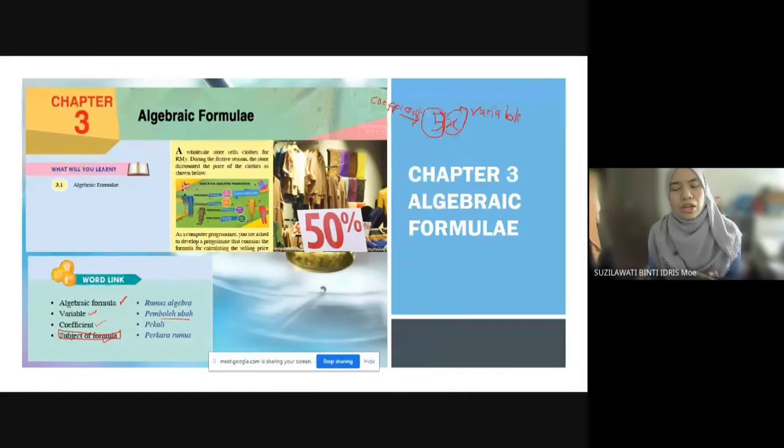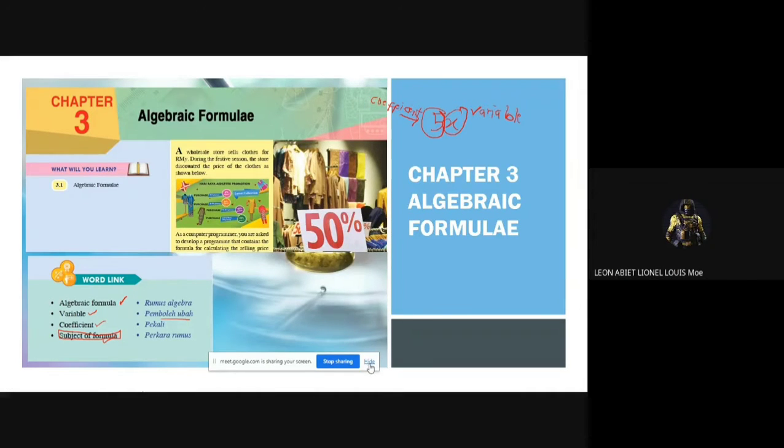Maybe now you don't understand what is subject of formula, what is algebraic formula. After this you will learn subject of formula inside algebraic formula. But before that I want you to remember, keep in mind what is variable, which one is a coefficient. Okay, boleh? Can? Yes, teacher. Okay, good. Thank you.